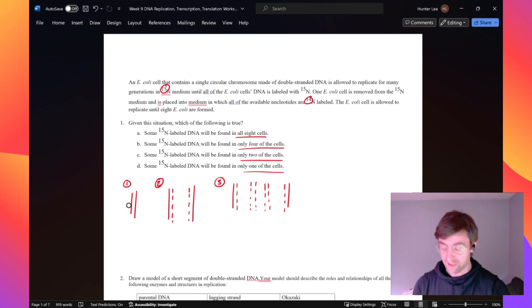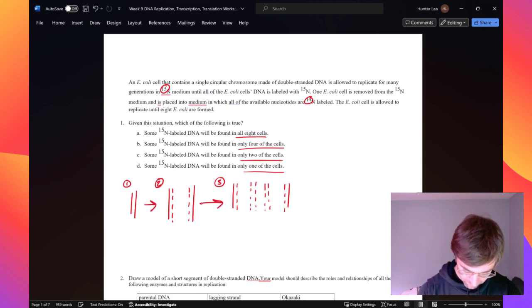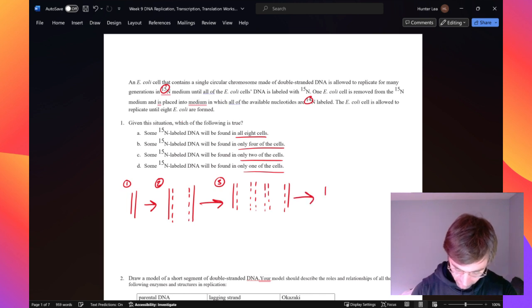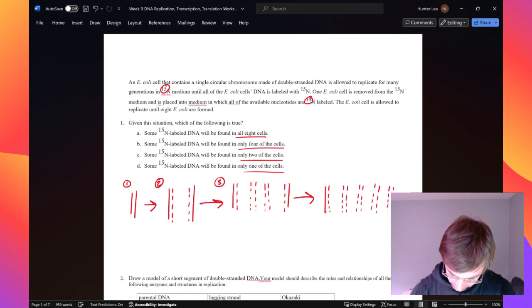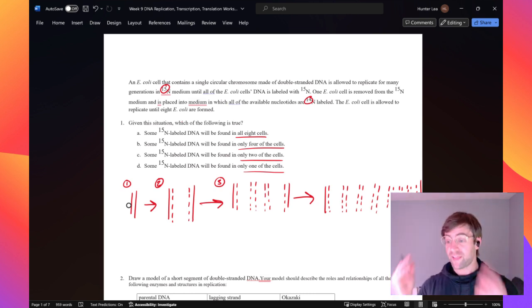This is an additional replication. And then for our final one, each of those splits again. One, two, three, four, 5, 6. I'm going to run out of room. 8. 8 chromosomes.